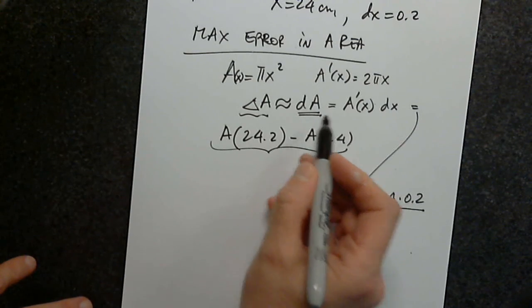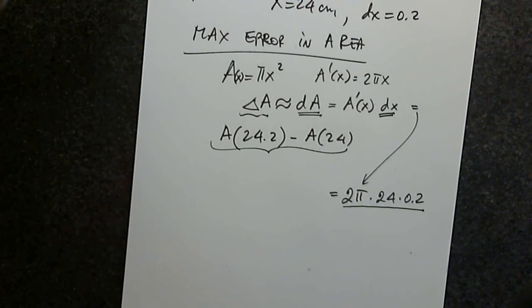These are the differentials: this is the differential of x, the minor error in x, and this is the differential of y, the minor error in y using the derivative. It doesn't say to calculate.